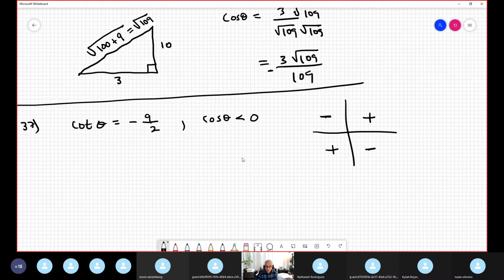All students take calculus, no? Okay, therefore cosine is negative here and here. So the coincidence is this. My fantastic conclusion: the angle that we are working with in this example lies in the second quadrant.